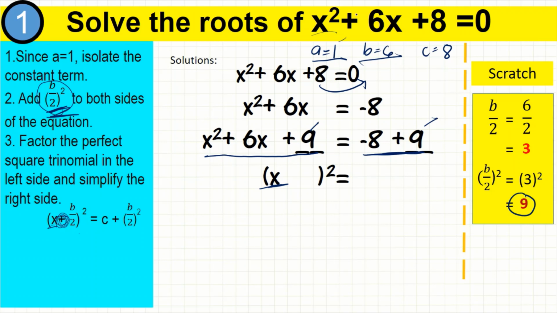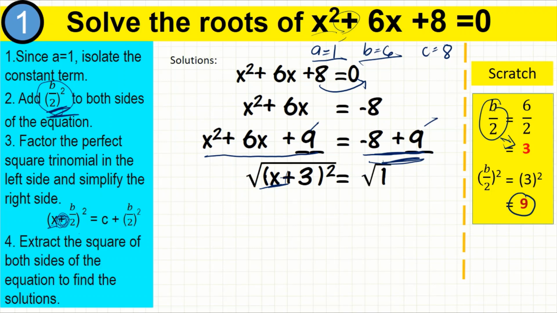Kapag ang middle term natin is plus, we are going to put here as plus. Okay? So, since plus ang given natin, so ilalagay natin ay plus. Then, b over 2, ang b over 2 natin ay positive 3. So, plus 3 is equal to negative 8 plus 9 is equal to positive 1.